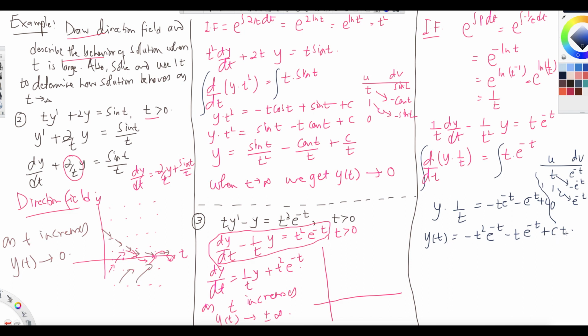If c is negative, y of t goes to negative infinity. Hence, as t tends to infinity, y of t goes to infinity if c is positive, and y of t goes to negative infinity if c is negative. So that is the final answer for this problem.